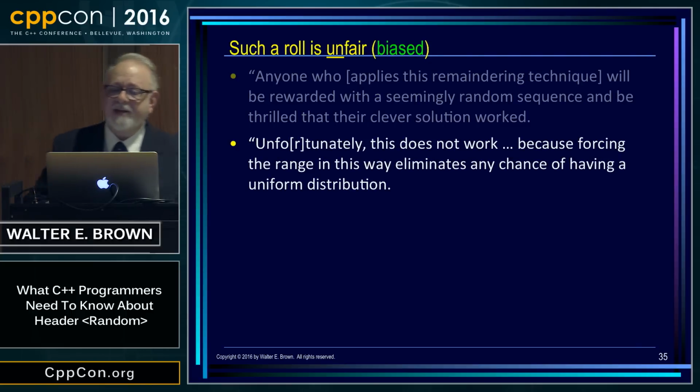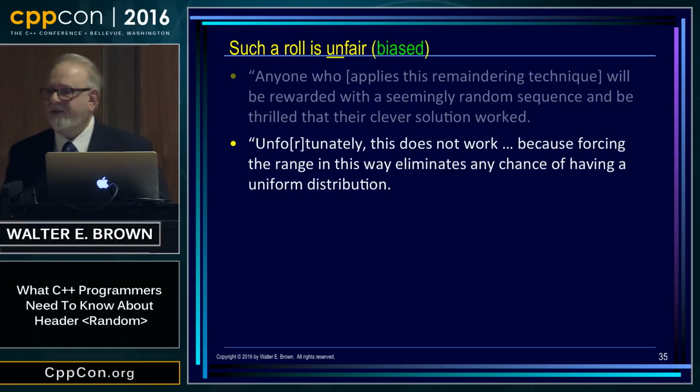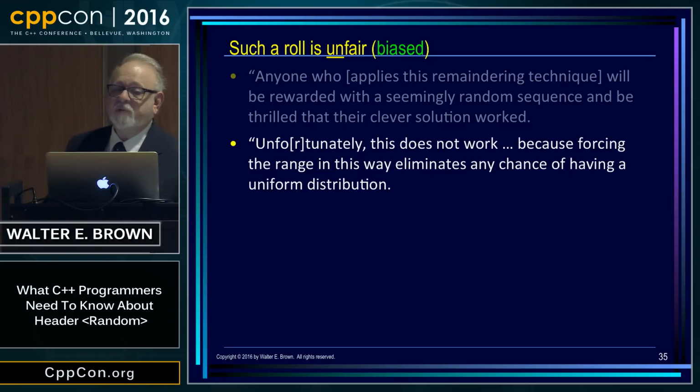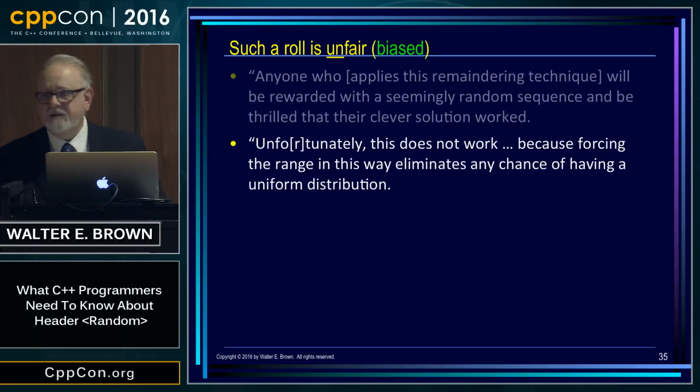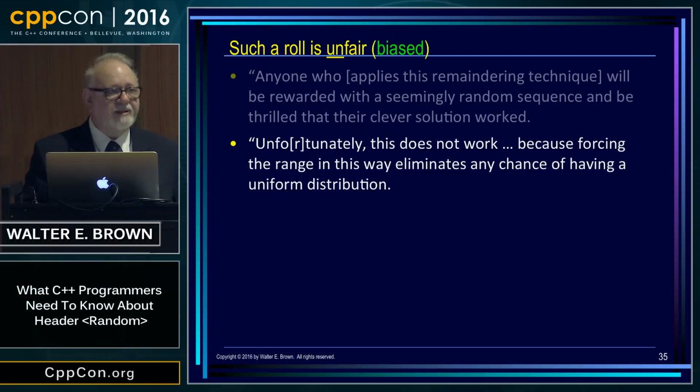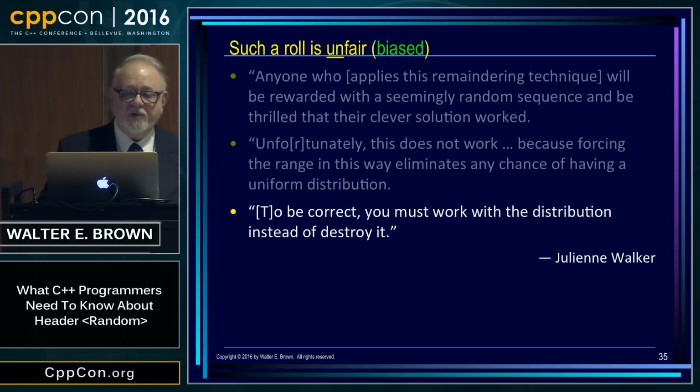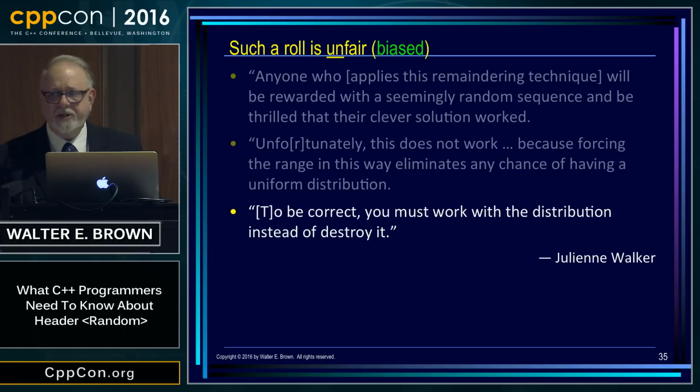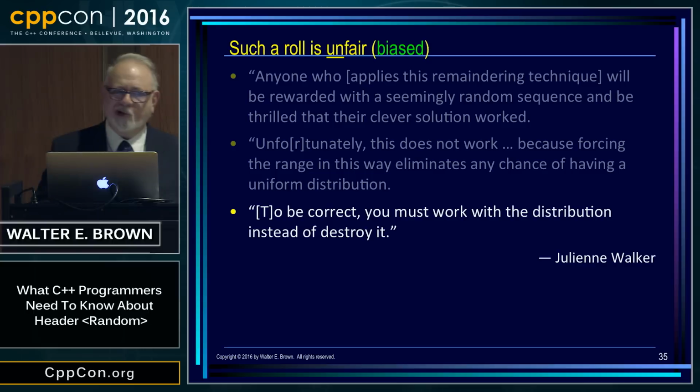When you force the range, it eliminates any chance of having a uniform distribution. This is unfair. And the technical word for that is biased. If you have a bias of any sort, you are being unfair, right? And to be correct, you have to work with the distribution and not destroy it.